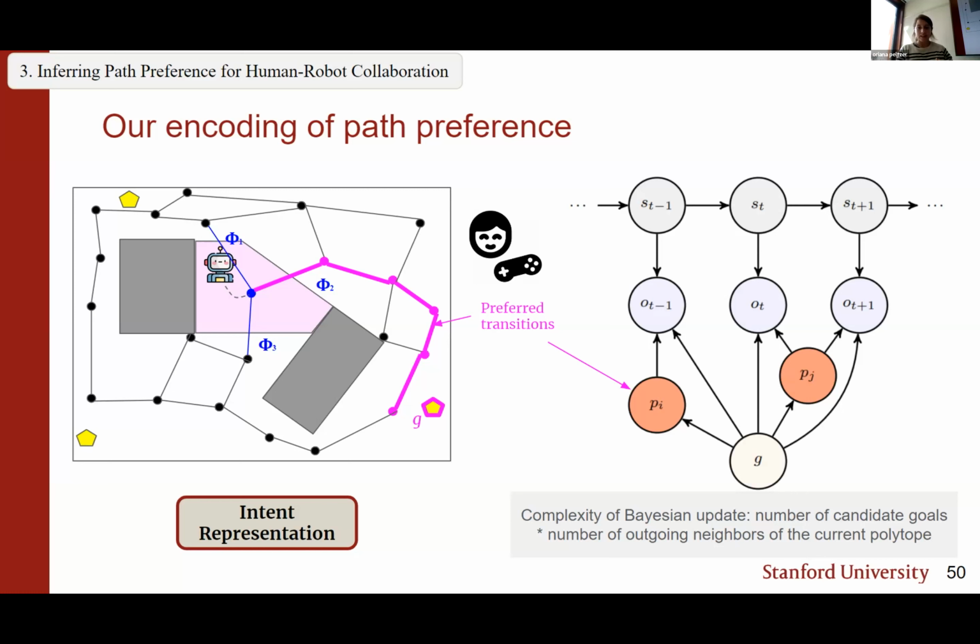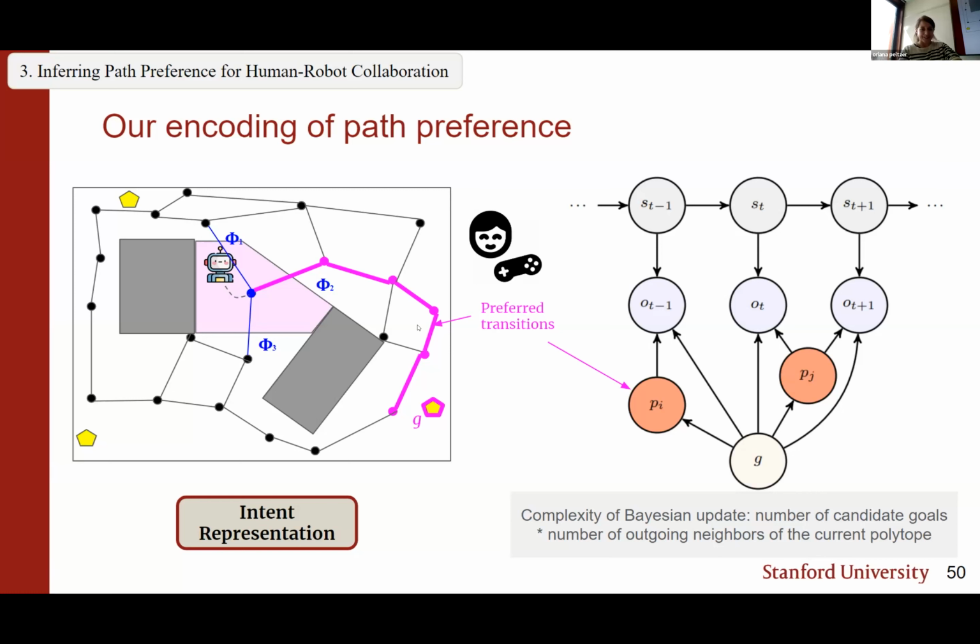The reason this assumption is interesting is that we no longer need to update the full joint of G and theta when doing the Bayesian update. At each step in time, we only need to update the prior on the current preference and on the goal of the task. This reduces the complexity of these Bayesian updates to the number of candidate goals times the number of outgoing edges for the current polytope.